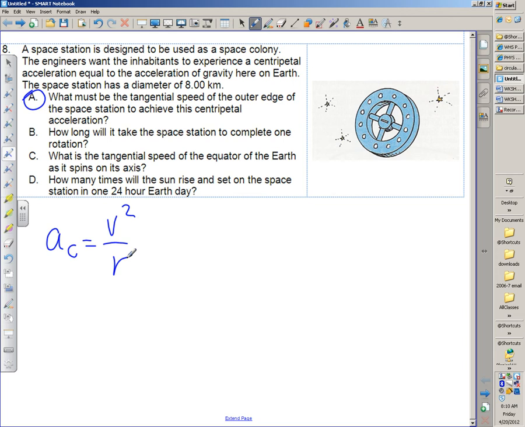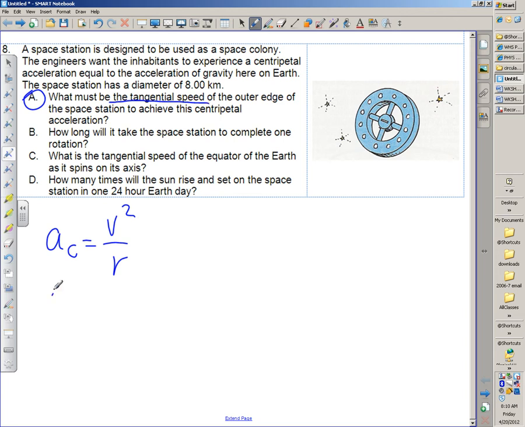So in this case, we're looking for a tangential speed, right? It says what must be the tangential speed of the outer edge of the space station to achieve the centripetal acceleration. They want the centripetal acceleration to be equal to the acceleration of gravity, which I hope by now you're familiar with. So what are we going to plug into this equation for centripetal acceleration?